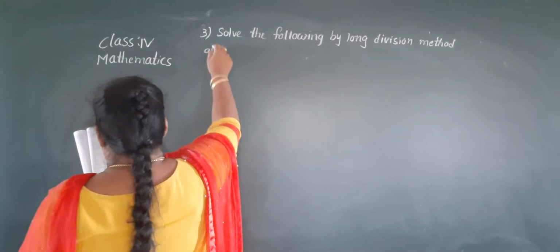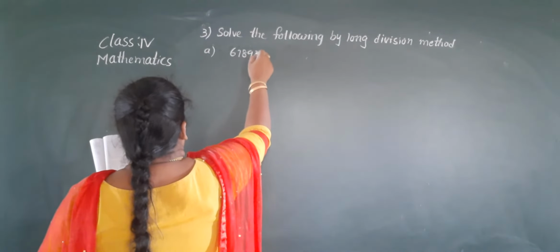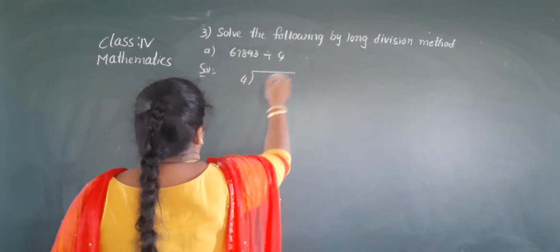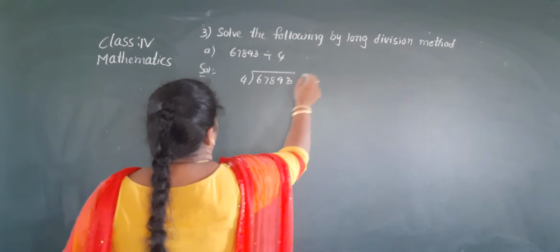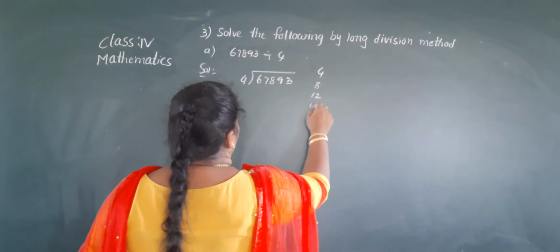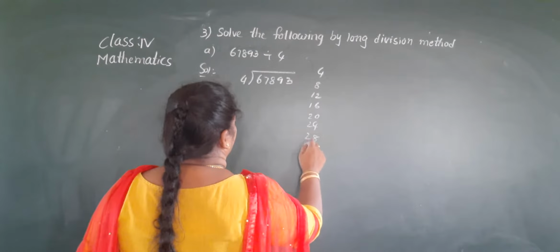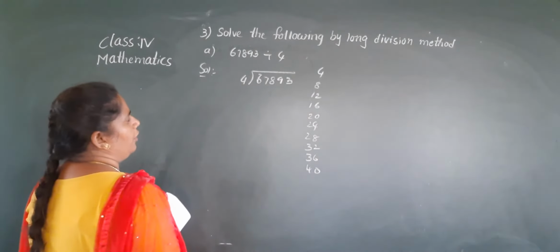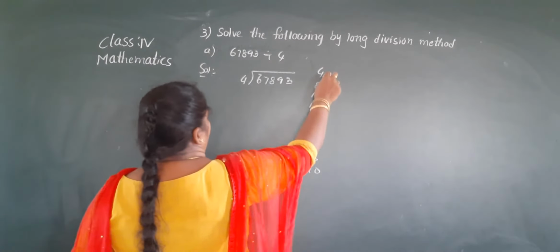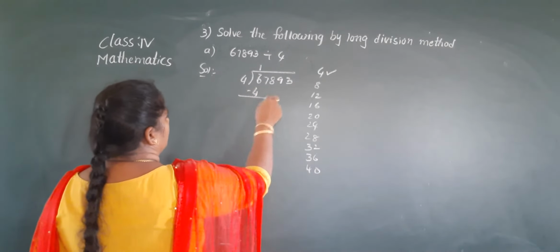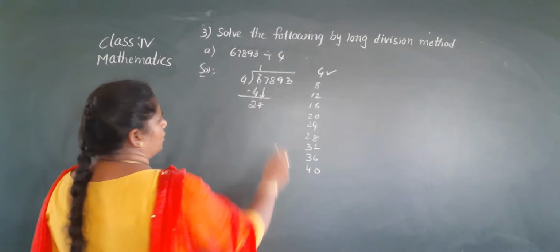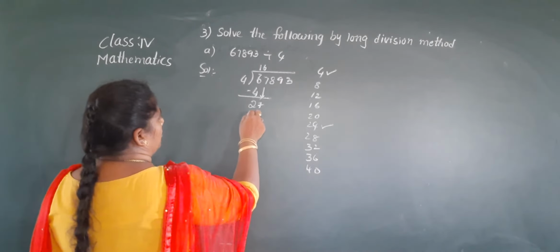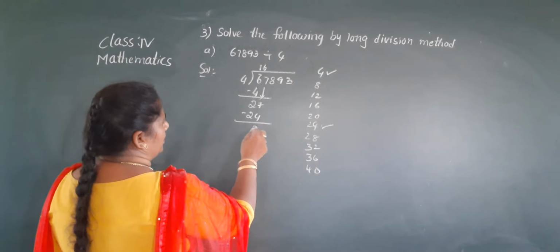First one, see how to do the division. Already explained in the previous class examples. So first you write the table side. Now see this divisor 4, so take the nearest number to 6. 4 ones are 4. 2, take down 7. 27, nearest number is 24. 4 6s are 24. 7 minus 4 is 3.